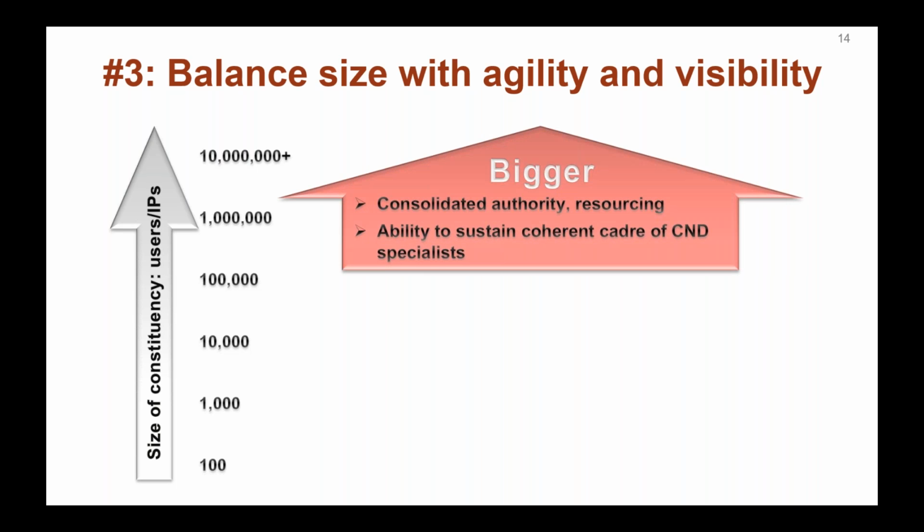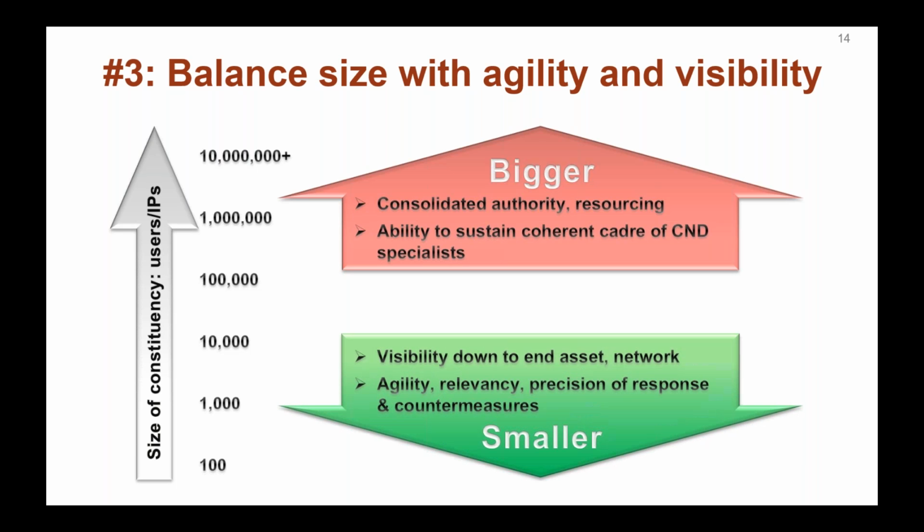On the one hand, we want a SOC that's really big. It has a huge constituency of millions of hosts. They have consolidated authorities and resourcing, and they have the ability to sustain a coherent cadre of folks who specialize in all the things that it takes to do security operations. On the other hand, we want a set of folks that have that visibility and understanding down to the edge.